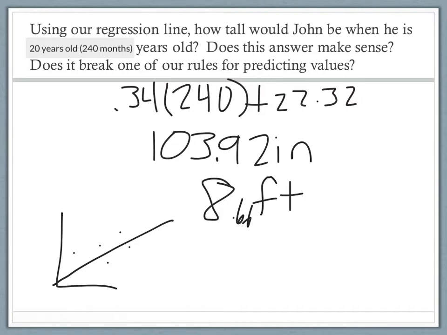Well, let's think. When people grow, they don't keep on growing forever. There's a point where they start plateauing. So this doesn't work, because that's not really in the data points that we had. It's predicting too far into the future, and we know that people stop growing at some point. So sometimes you have to be careful when using this line to predict future values.